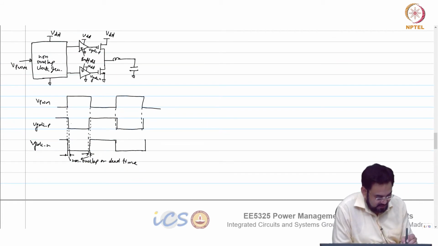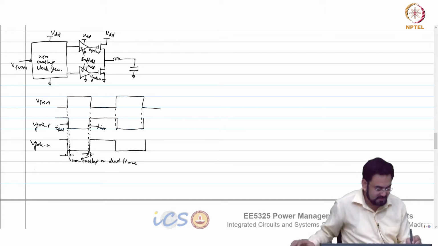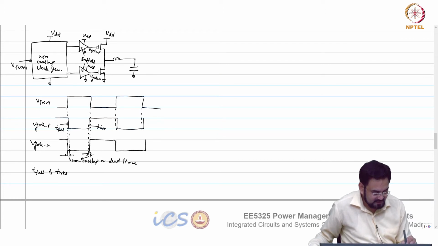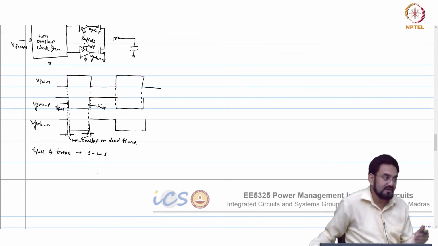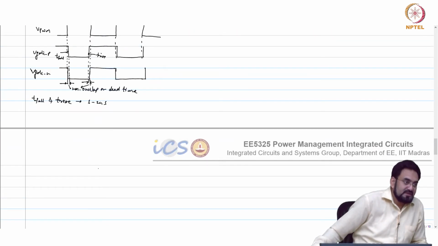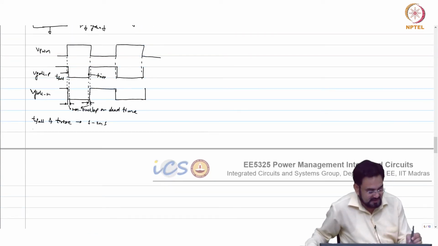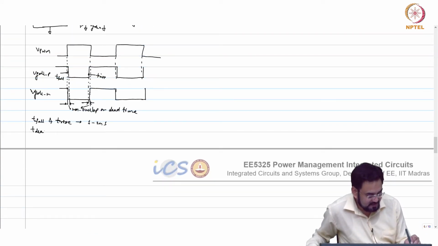If we talk about T fall and T rise, they are usually on the order of 1 to 2 nanosecond if you are looking at a 10 megahertz kind of frequency. You cannot afford very large, and your T dead is also 1 to 2 nanosecond.